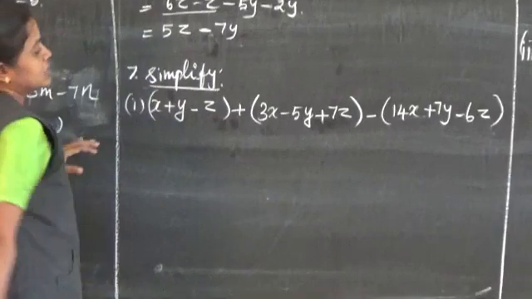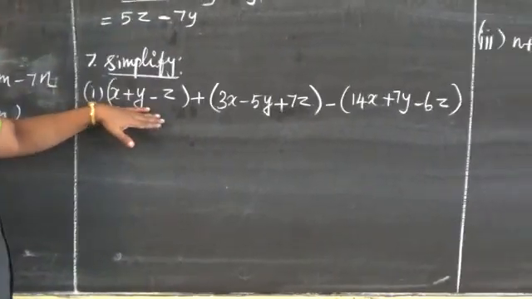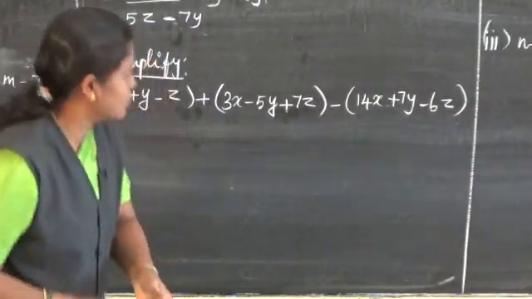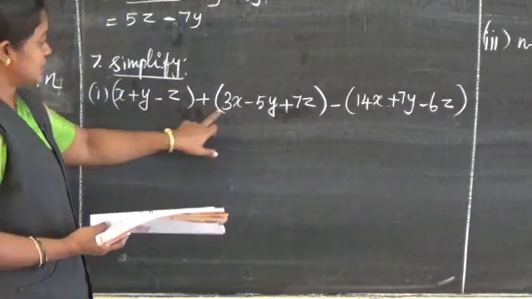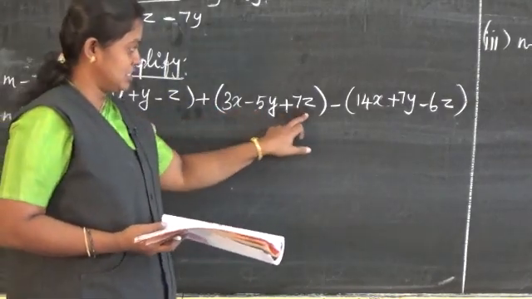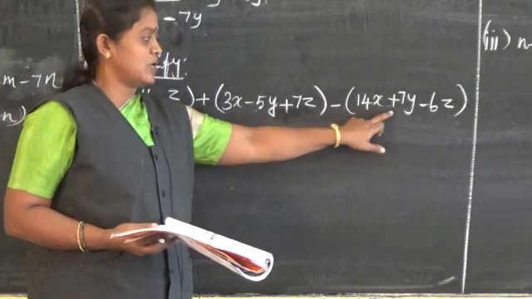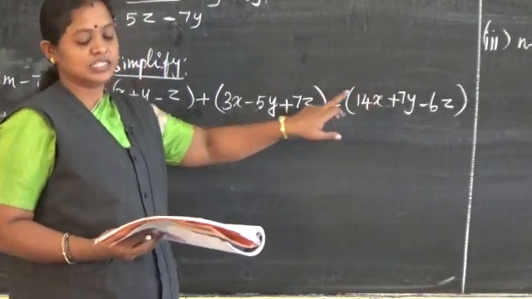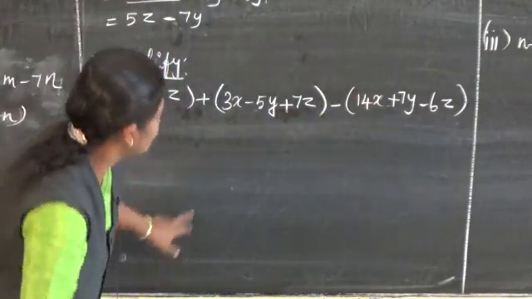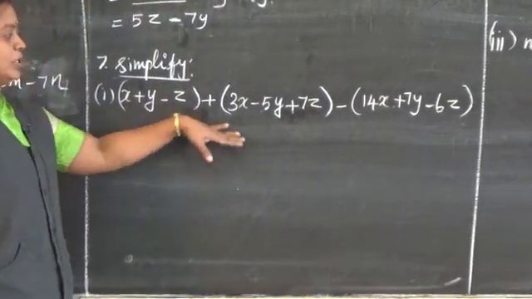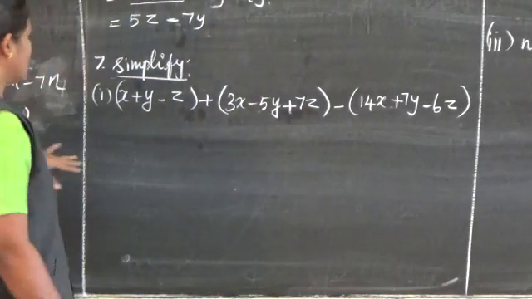Now the seventh one is simplification. x plus y minus z, then minus 3x plus 3x minus 5y plus 7z, minus of 14x plus 7y minus 6z is given to us. First you remove the brackets. After that, grouping the terms makes the calculation easy.